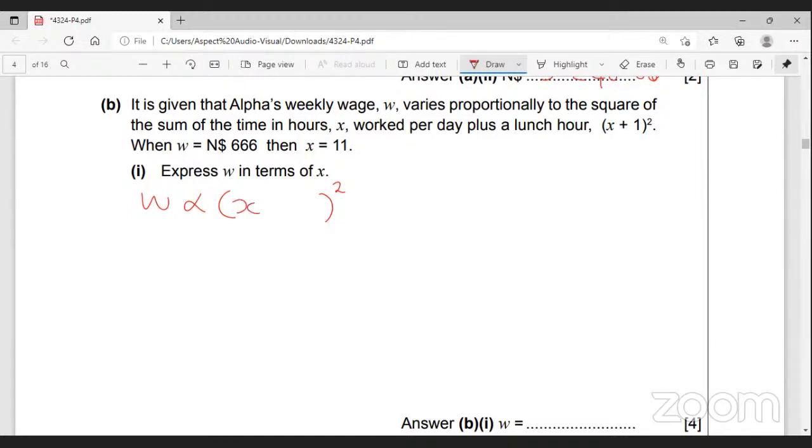If you expand that bracket, you will get X squared plus 2X plus 1, right? Introducing the constant. And then even if you solve that quadratic equation, you might have your X as a positive or a negative, but in this case, they already give us the X and the W, which means you'll just find the constant that you're introducing.